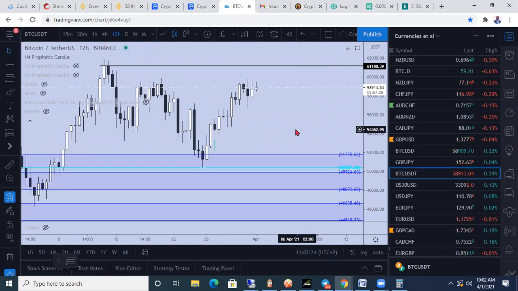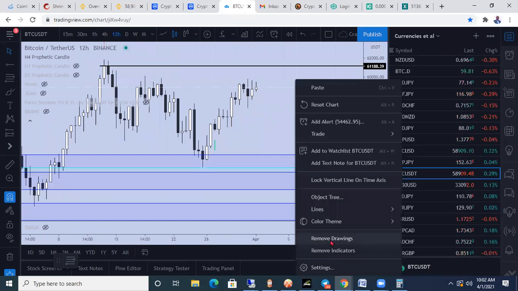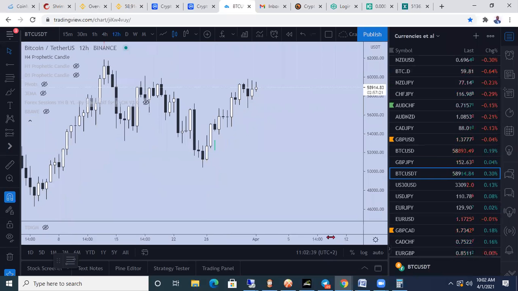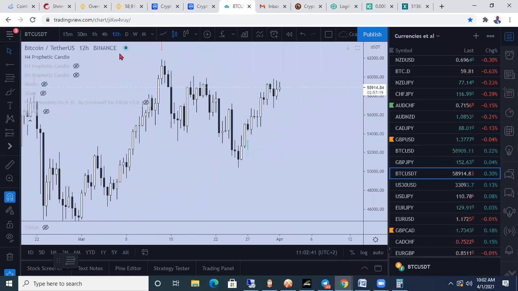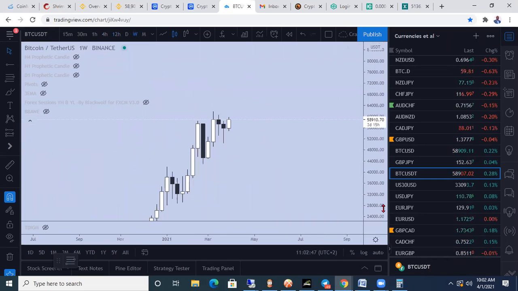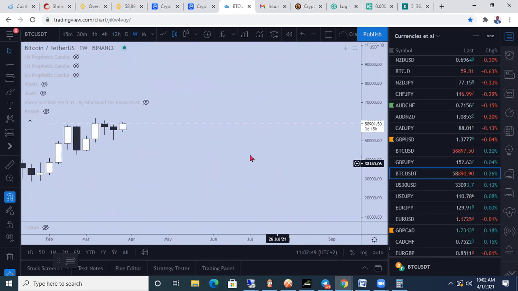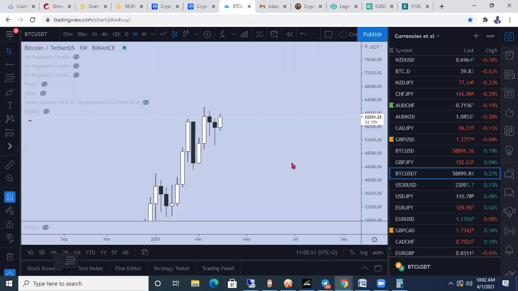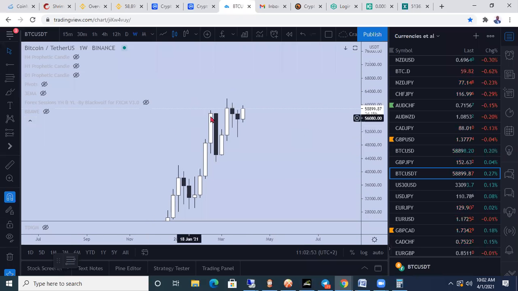Bitcoin, yes, let's look at Bitcoin briefly before we go. And we can use this to do the top-down analysis. If you go to the weekly time frame, what do you see? You see a bearish engulfing, and then it was violated.